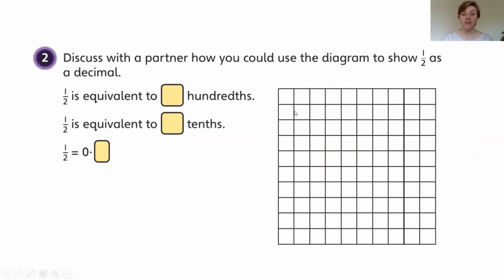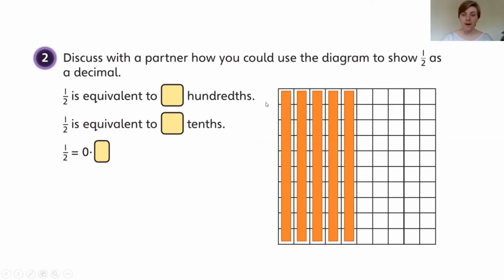If I was going to show this as a decimal, I would start to shade it in. If I'm shading in a half of the 100 square, it's going to look something like this. So I have 1, 2, 3, 4, 5/10 of this number square filled in, and 1, 2, 3, 4, 5/10 of it are not.